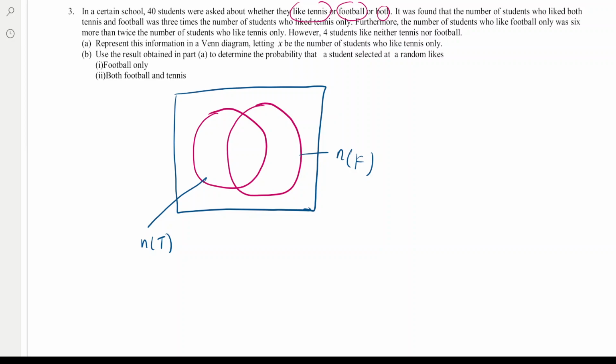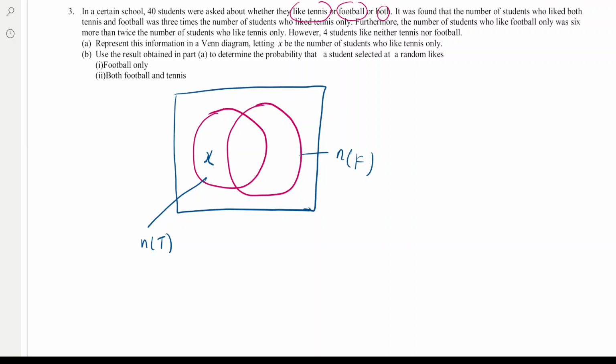So x is here. Now, the number of students who like both tennis and football was 3 times the number who like tennis only. So it means here will be 3x.